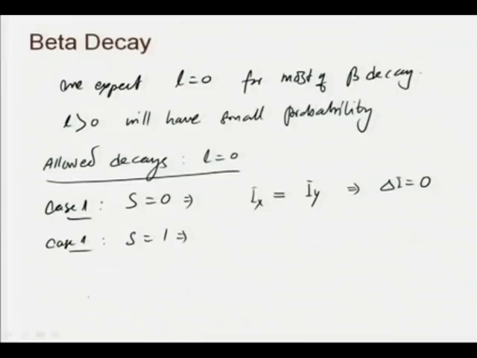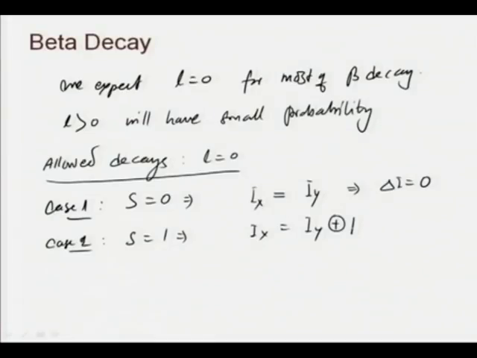Then you can have the S equal to 1 case, and there I x is equal to I y plus S, which is 1, plus 1. To remind you again, this plus within the circle is put in to remind you that these are not simple number additions, but rather the additions are according to the angular momentum addition rules, vectorial additions.